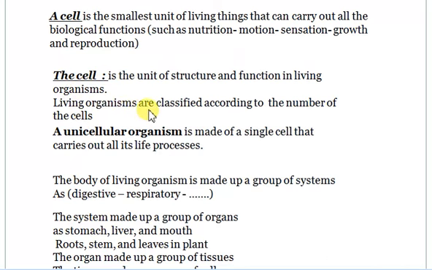Living organisms are classified according to the number of cells into two types: unicellular organisms and multicellular organisms.